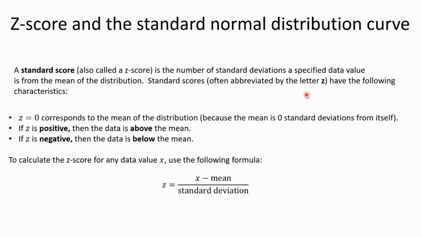Basically, it's the number of standard deviations a specified data value is from the mean. So let me say that again. A standard score, a z-score, is the number of standard deviations a specified data value is from the mean of the distribution.